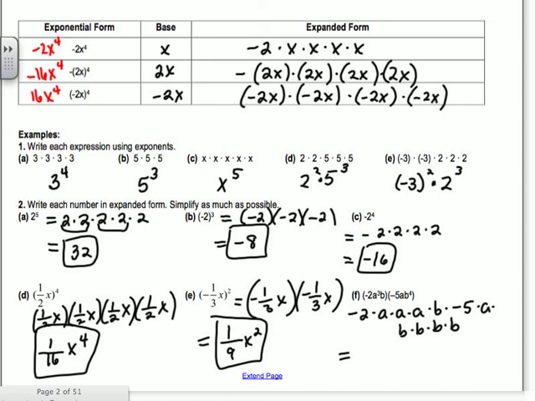Negative 2 times negative 5. Do you guys see it? 10. Okay, so we multiplied the numbers out front. Now how many a's do I have? I have 1, 2, 3, and then another one, 4. So a to the 4th. And then I have 1, 2, 3, 4, 5 b's, so b to the 5th. So 10, a to the 4th, b to the 5th.